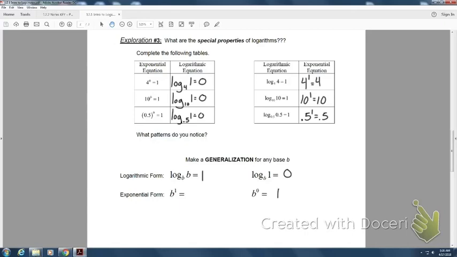Because anything to the power of 1 is itself. Because of that, we also have a logarithmic property that if we memorize, it just makes life easier.